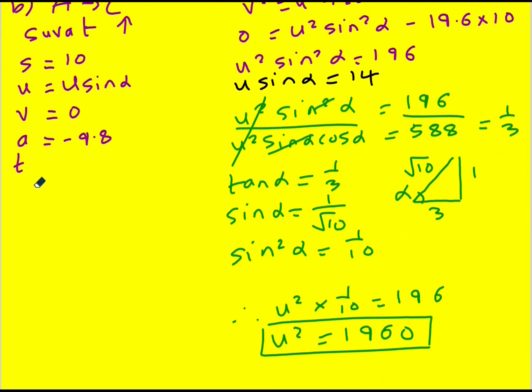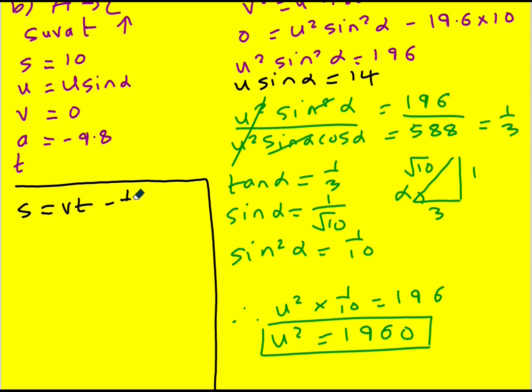Another option is to actually work out the time. So if you forget about u sine alpha for a minute, we've got 3 things that we know. So I don't want to use u, so I can use s equals vt minus a half at squared.